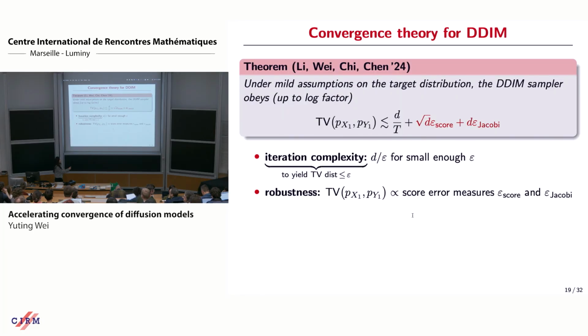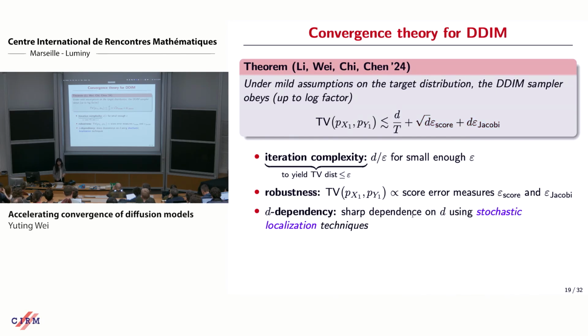Our second and third terms depend respectively on the score estimate L2 error and the Jacobian error. And I want to mention one thing. In order to get a sharp dependence on d, we need to work really hard and use techniques from stochastic localization.